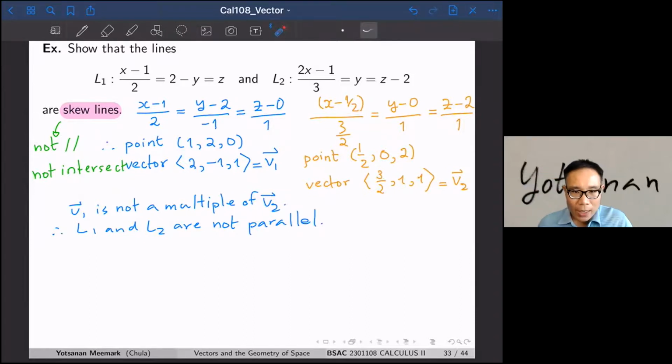However, the next thing we're going to show is that they do not intersect.